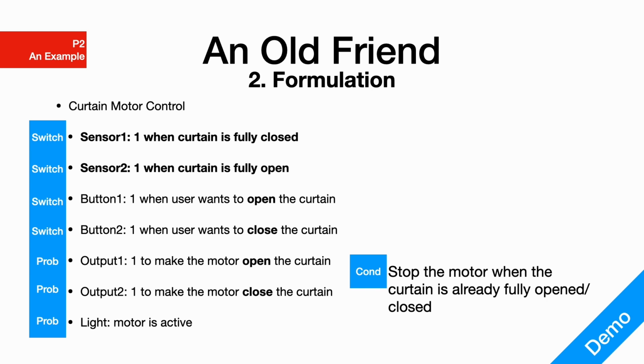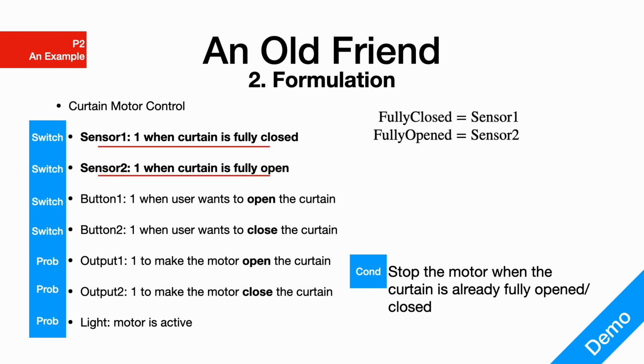So the first 2, sensor 1 and sensor 2, are essentially giving out signals to tell you if the curtain is fully closed or the curtain is fully opened. For that, I can define 2 different variables, fully closed and fully open, to be equal to sensor 1 and sensor 2 for my own convenience, so that it's easier to understand.